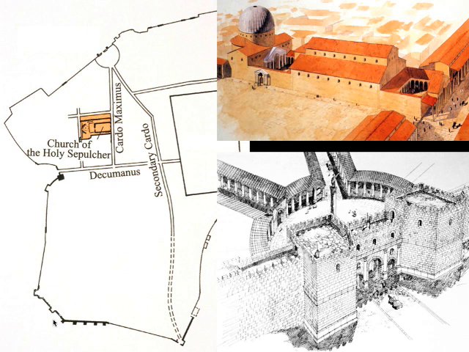By the time of Justinian, there were already many more churches, small churches, in various parts of the city of Jerusalem.